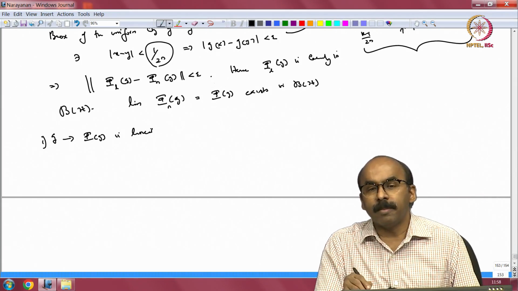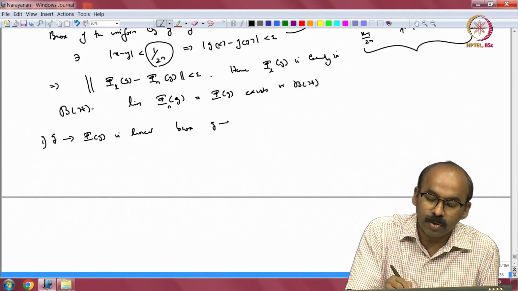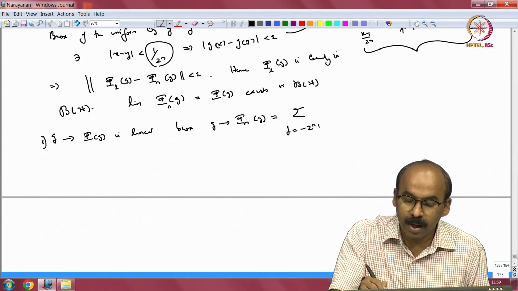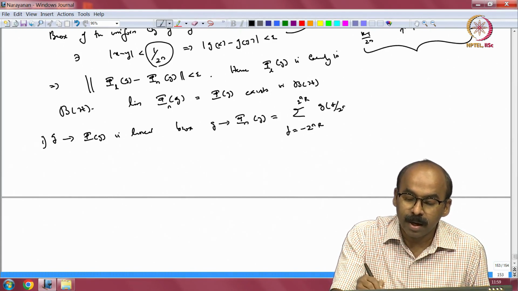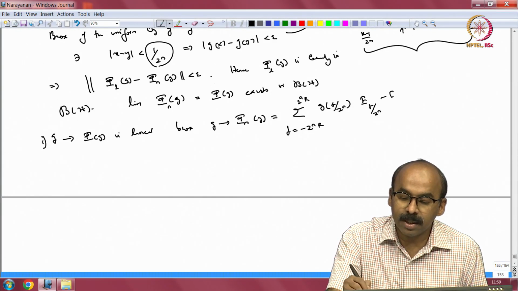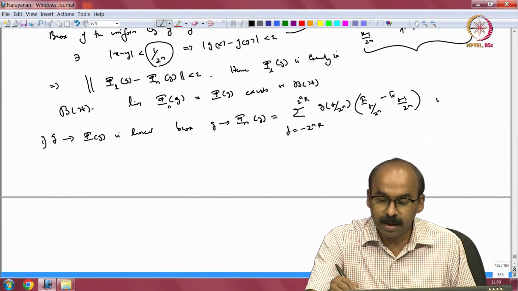right. Why is that? Because g going to phi_n of g is linear. So, remember what is phi_n of g? This is the summation j equal to minus 2^n r to 2^n r of g at some point times the difference, right. So, j/2^n, E(j/2^n) minus E((j minus 1)/2^n), right. These are the operators and that is clearly linear in g, right.